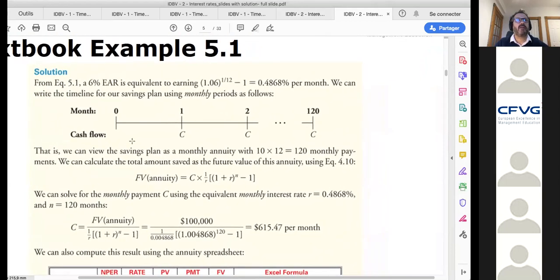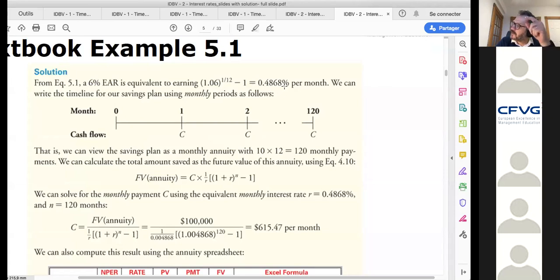So I think for everyone, the first step was not a problem, okay, to find the equivalent monthly EAR to a 6% annual. So it's 1.06 exponent 1 divided by 12 minus 1, 0.4868%. So as you can see, of course, it's a little bit less than 0.5, right?